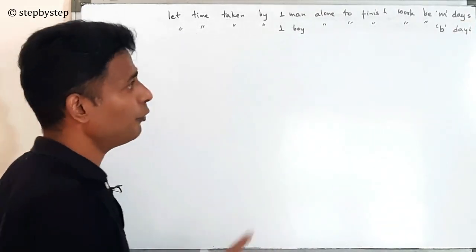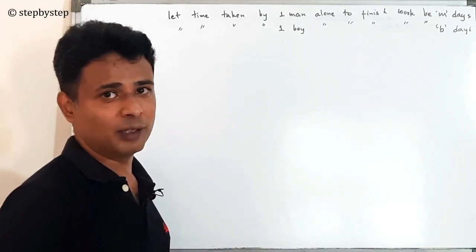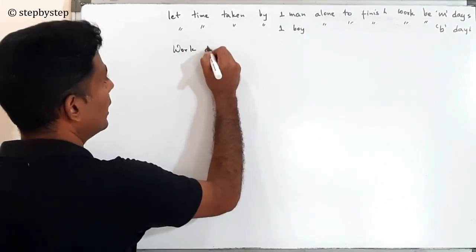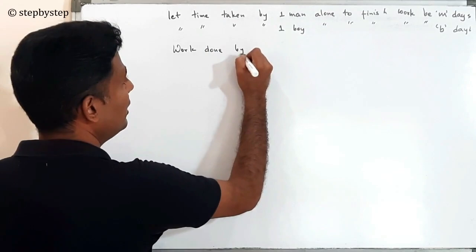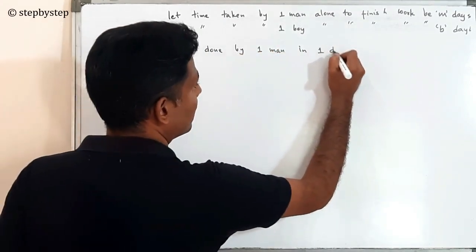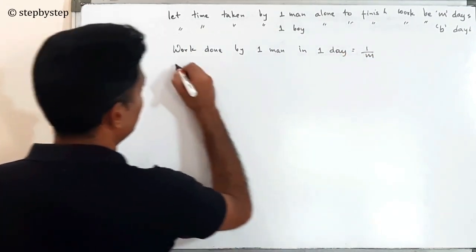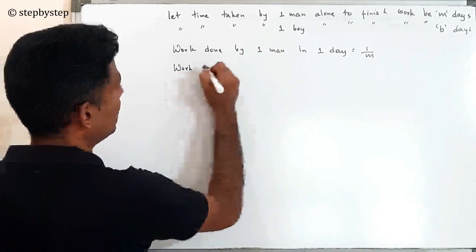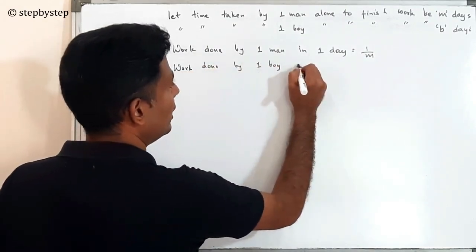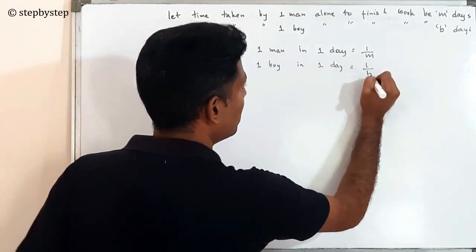Now, if m days is the time taken by one man alone to finish the work, in one day how much work will he do? Work done by one man in one day equals 1 by m, and work done by one boy in one day equals 1 by b.